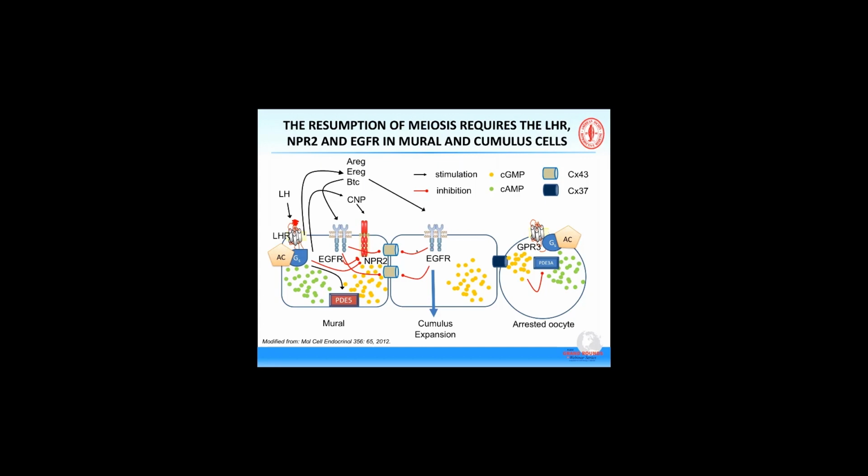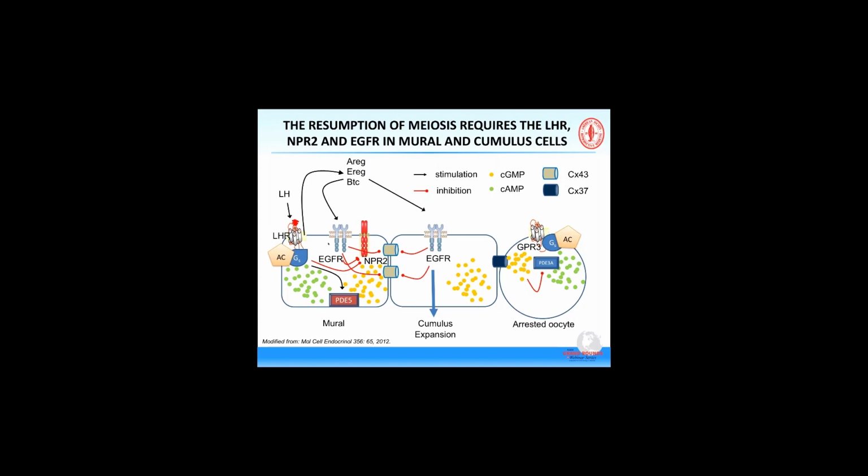But another consequence of this is an increase in the activity of PDE5, which degrades cyclic GMP. So when you consider that there's an inactivation of the NPR2 receptor and an increase in the PDE5 activity, that creates an environment where there is going to be less cyclic GMP being synthesized and more cyclic GMP being degraded.